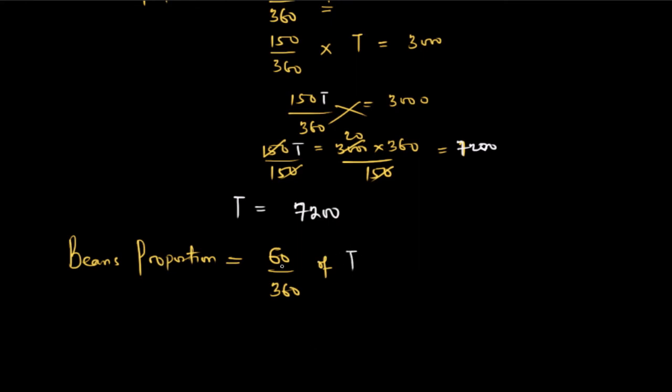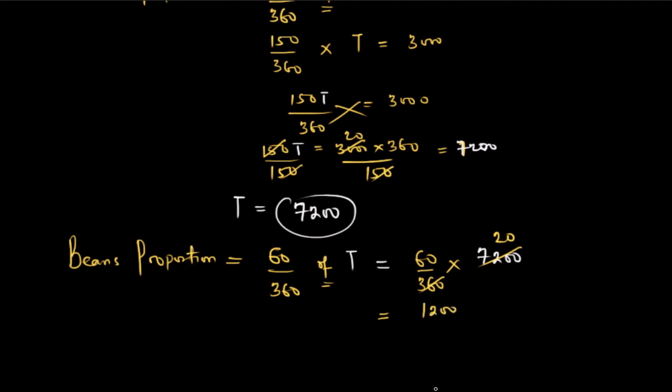This is the beans proportion in terms of the harvest, the same as 60 divided by 360 times T, and we've obtained T to be 7,200. So this is 60 over 360 times 7,200. 360 in 7,200 is 20, and 60 times 20 gives you 1,200.